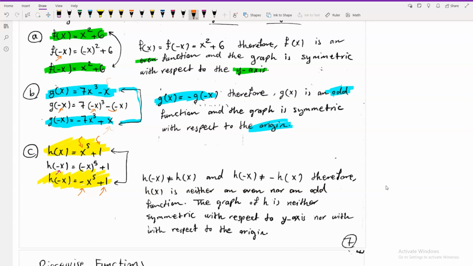So I cannot say that we have negative times h of x. They are not exactly the same, and I cannot say that this is the opposite of what we have on top. So neither of these: h of negative x is not equal to h of x, and h of negative x is not equal to negative times h of x.